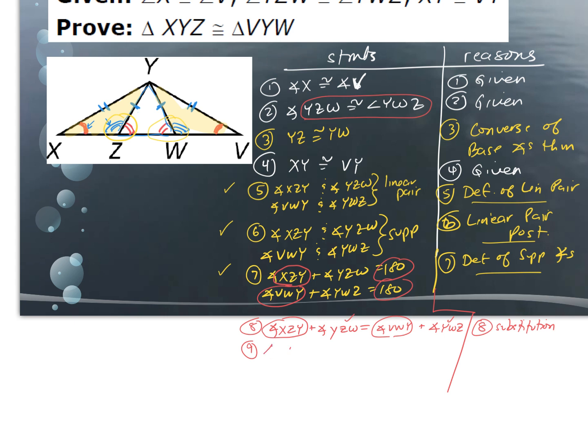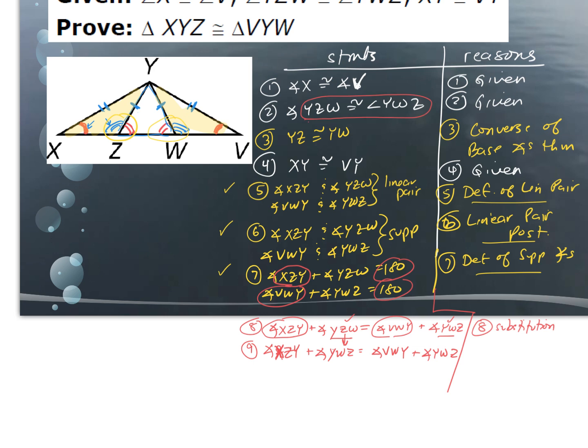I'm going to keep the first one, which I know I want in my final, XZY, okay? And then instead of YZW, I'm going to substitute it for YWZ, which I know is the same thing. Now you might say, well, why do you want it to say the same thing? Well, I'm going to show you now. Angle YWZ. So the only thing I changed from here to here is I just substituted YWZ for YZW.